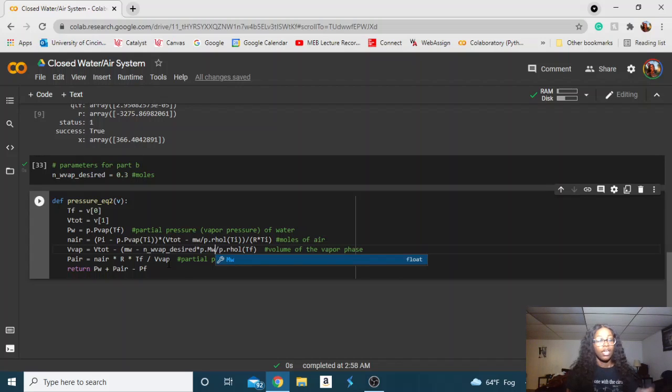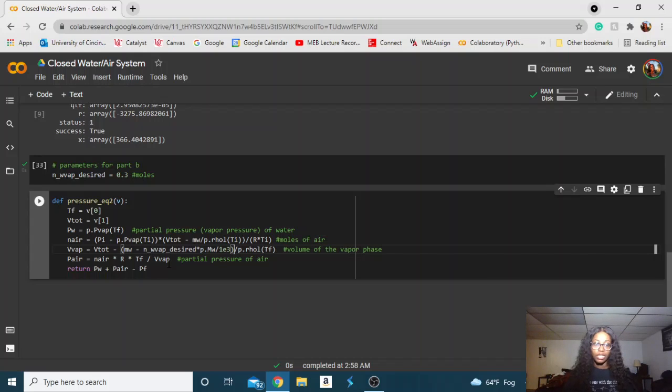So, as engineers, we want to work smarter, not harder. And that's a feature that I would really recommend using for coding a problem like this. And so we also have to remember to divide that by 1,000 in order to convert grams into kilograms.